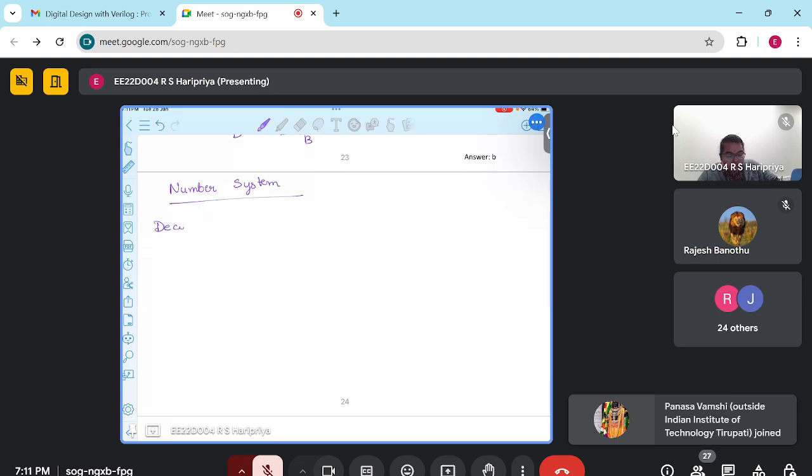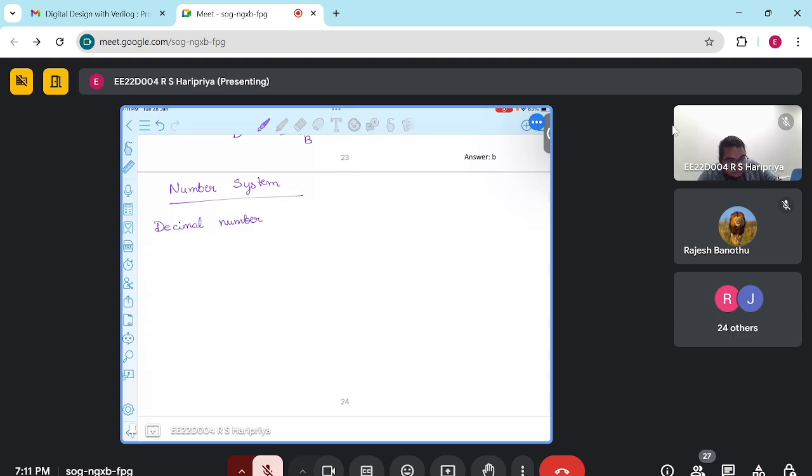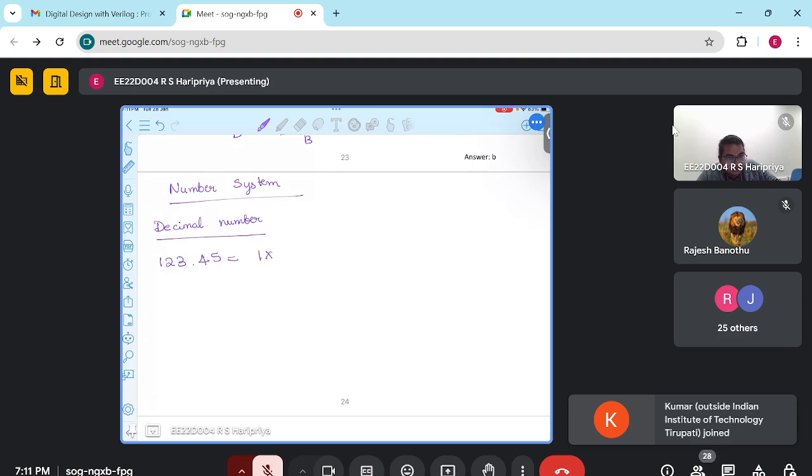Let's start with the decimal number. So if we have a decimal number, say 123.45, how we obtain it is that for every place value, the radix or the base of the system is 10.